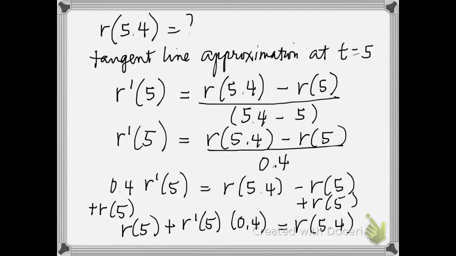Now we already figured out how they came up with that equation. It all came from the slope. Now, let's move on to the next line, which is to put in the values. So r of 5.4 equals, now your r of 5, oh no, not from the table, from the initial value. R of 5 is 30.